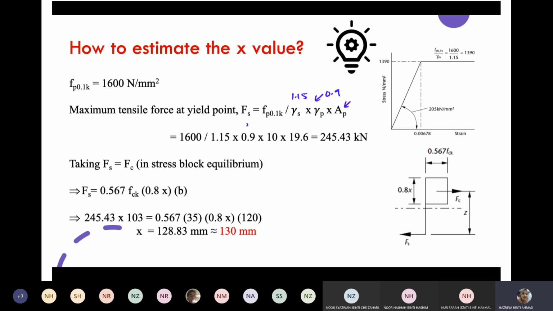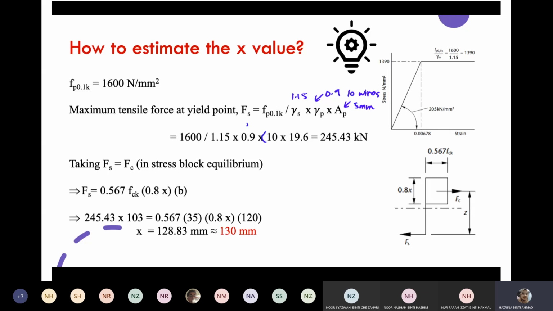We also have the area of the pre-stressing steel. As for our question just now, we have 10 wires, and each wire has 5 millimeter diameter, so we calculate the area. Then we have 1600, the proof stress, divided by the partial factor of safety, multiplied by the partial factor for the pre-stress force, then multiplied by the area of the pre-stressing wires.